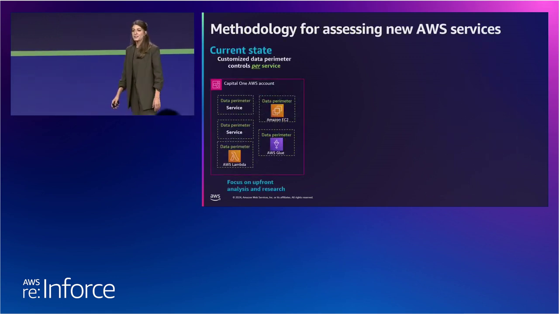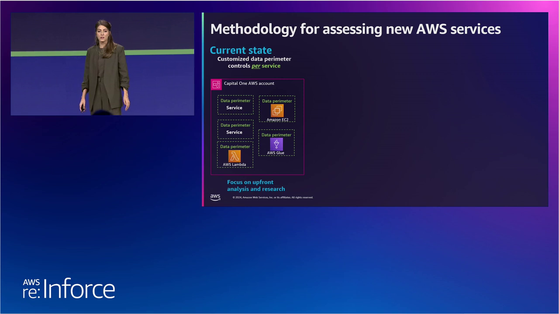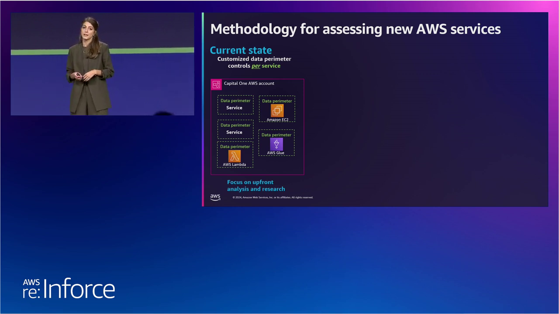All right, so as Chris mentioned, our current methodology for assessing new services focuses on upfront analysis and research, with the goal of creating controls on a per-service basis. This ballooned into hours and hours of additional time and maintenance and wasting valuable SCP space.